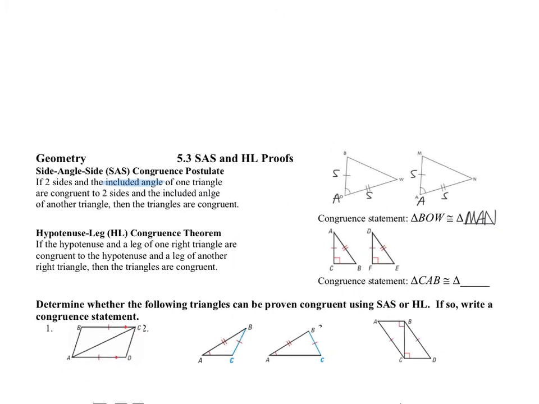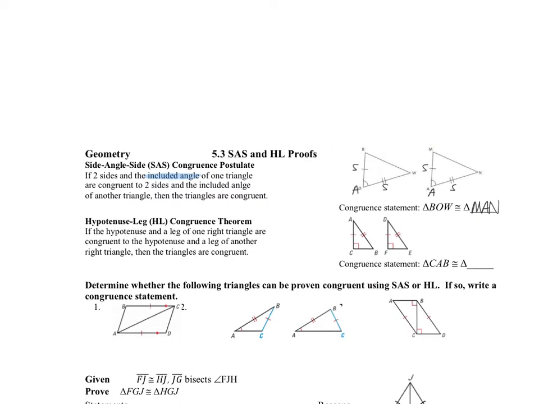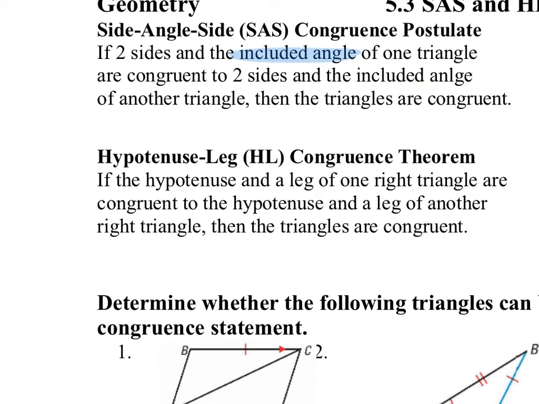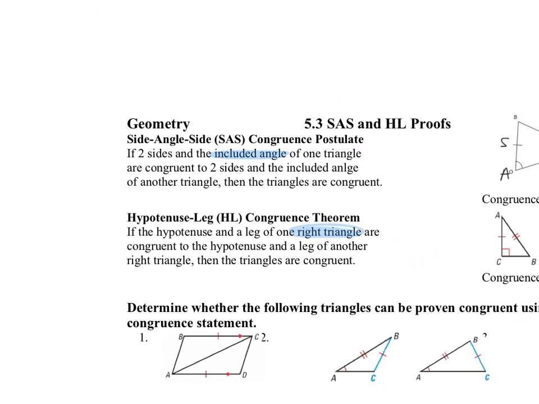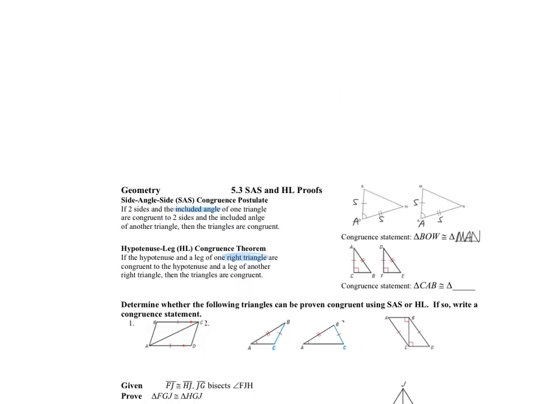The other one we're talking about today is hypotenuse leg, which we can only use on right triangles. You have to have the hypotenuse of one and the leg of another.